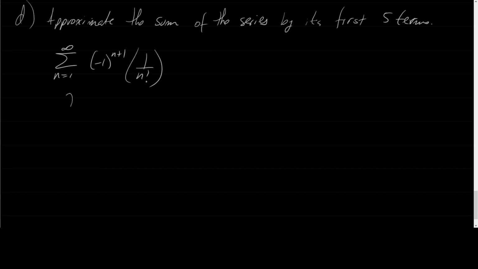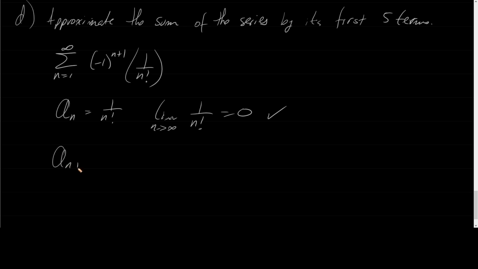Well, our sequence here is 1 over n factorial. If I take the limit as n goes to infinity of 1 over n factorial, this bottom part is getting huge, so the overall fraction goes to 0. So that first condition is met.